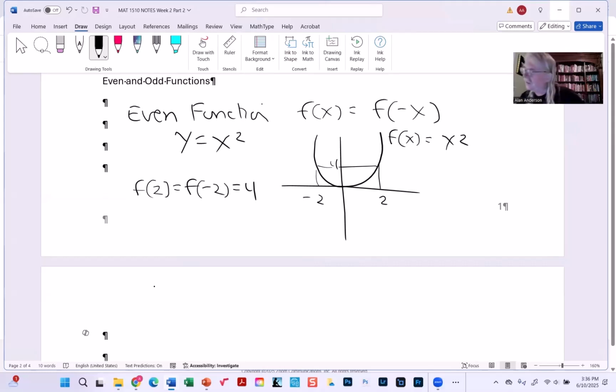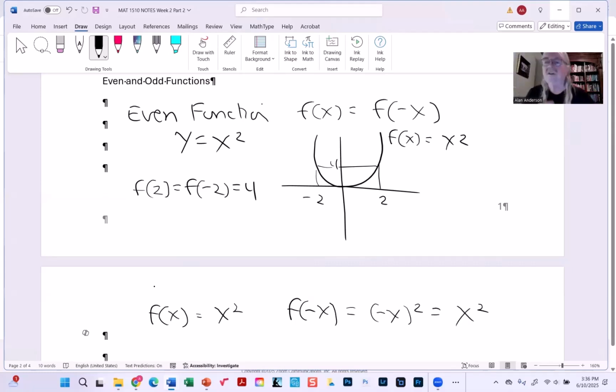No matter what x we have, f of x is x squared, f of negative x is negative x squared, which of course will end up being simply x squared. So in other words, it doesn't matter what x we picked, we would get the same result. So therefore, we call this an even function. You can tell graphically just by looking at it, because there's going to be symmetry with respect to the vertical axis.